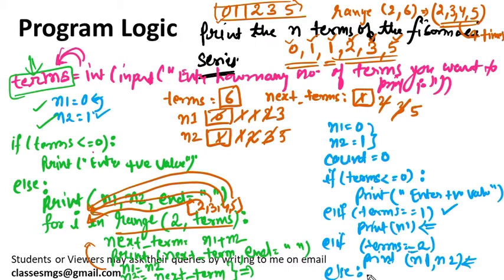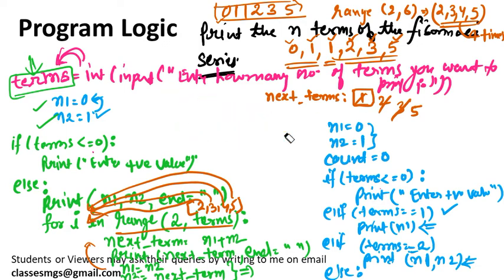Now if you want to print more terms, then you will apply the while loop here. So let me show you. I am going to write the while loop here because the space is not available.